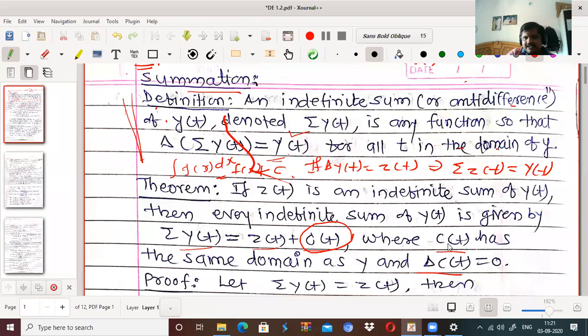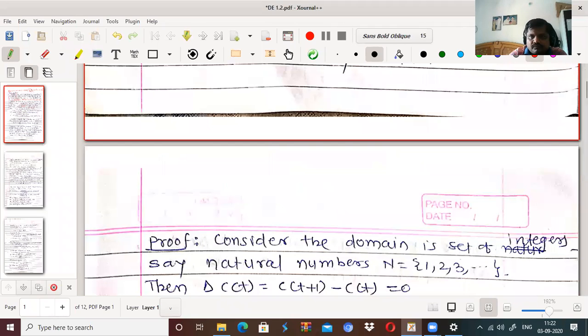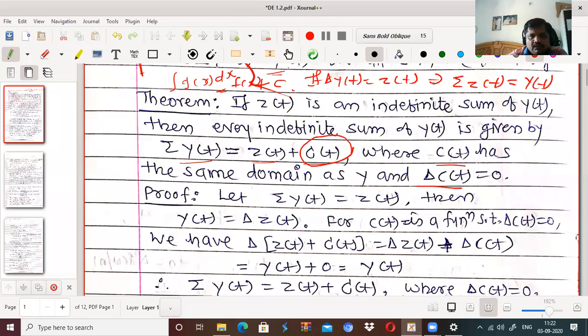Its proof is again parallel with that of the integral. Suppose summation of yt equal to zt.